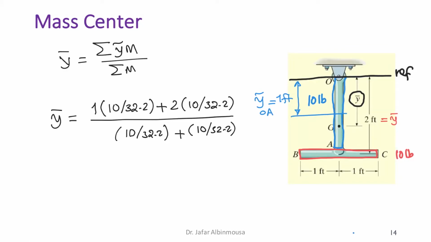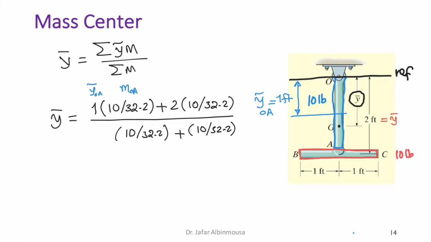Let me explain what those terms are. The first one here is y tilde for OA, and this one is the mass of OA. Since we have been given the weight as 10 pounds, we have to divide it by the gravitational acceleration, which in feet per second squared is 32.2.